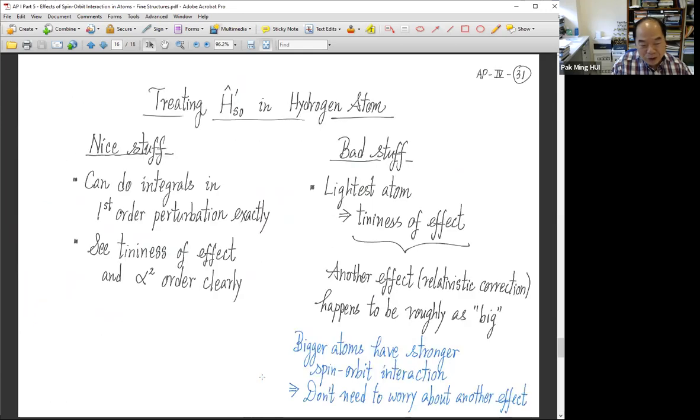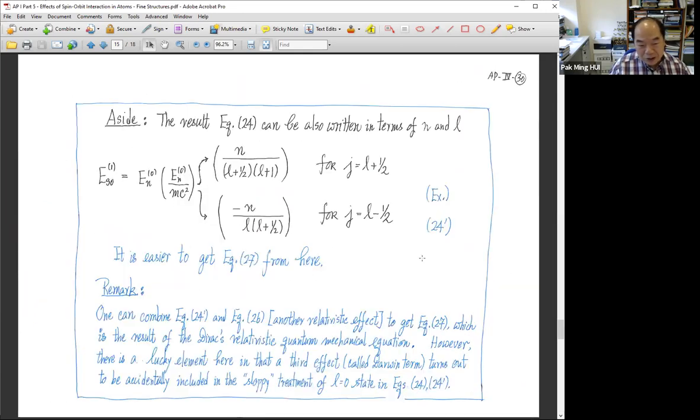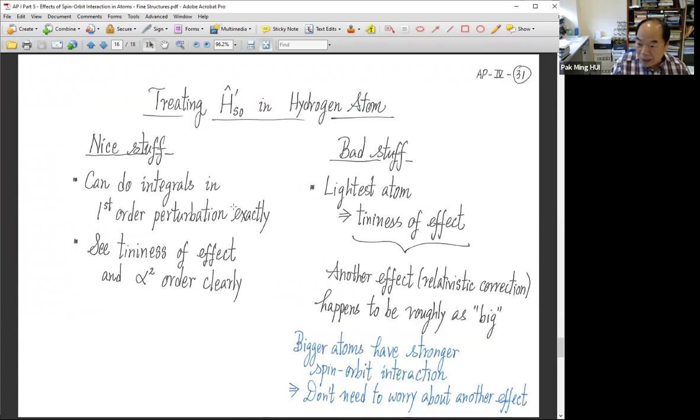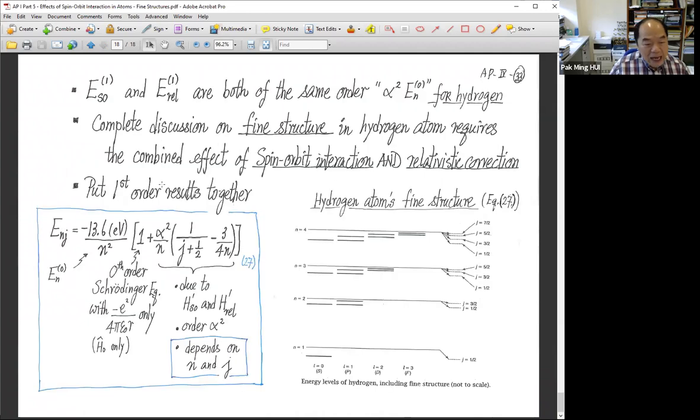We should not just stop here with hydrogen, because there is a similar order of magnitude effect. If we do that, then we get this final expression. I leave it as an exercise for you to combine these two expressions and get to this one.